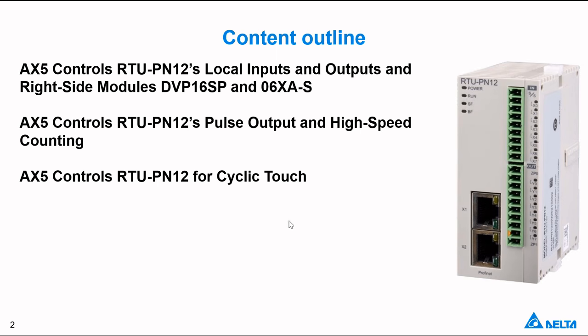We will introduce 3 examples of the RTU-PN12. The first example is the AX5 controller with the remote RTU Profinet, and we will turn on the outputs Y0 to Y7.